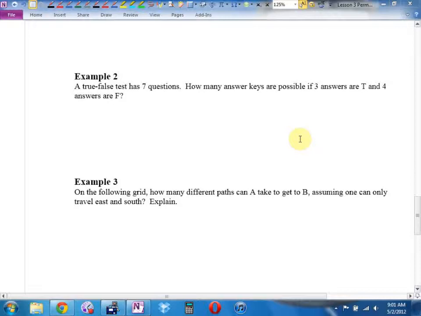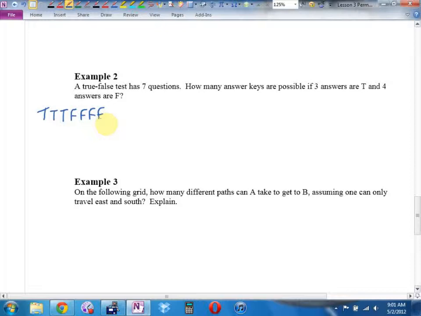I'm going to write out one possibility. 3 trues, 4 falses. Hey, isn't that a word? How many letters long is this word, grand total? 7. How many T's are there? 3. How many F's are there?